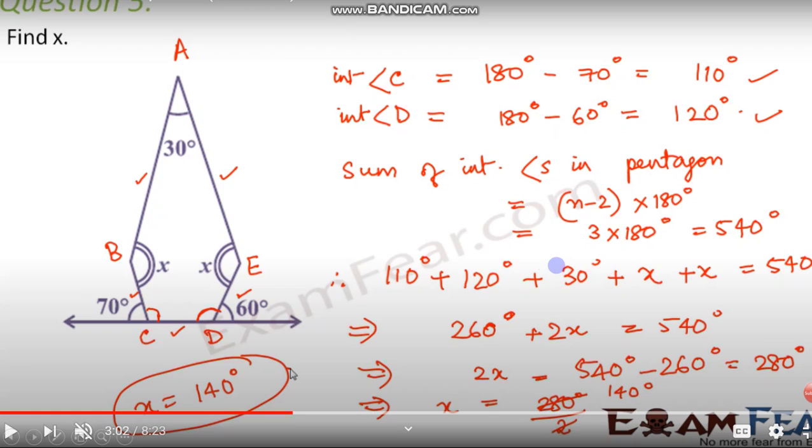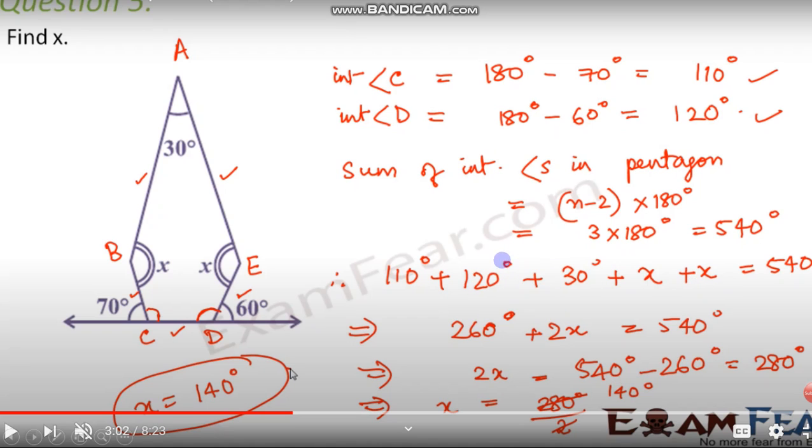Now the internal angles you can add. First this angle is 110 degrees and this angle is 120 degrees, as we proved here, plus the given angle 30 degrees, plus this angle x and this angle x.